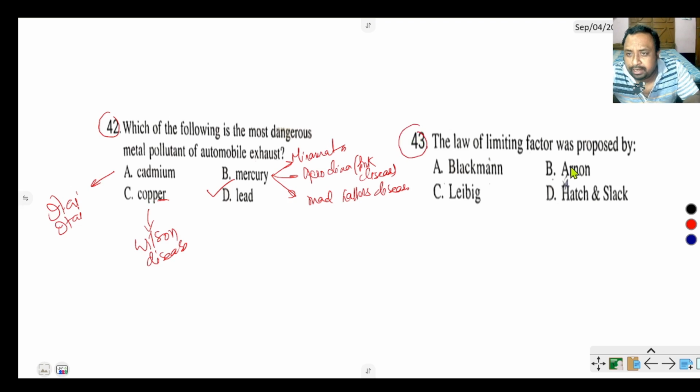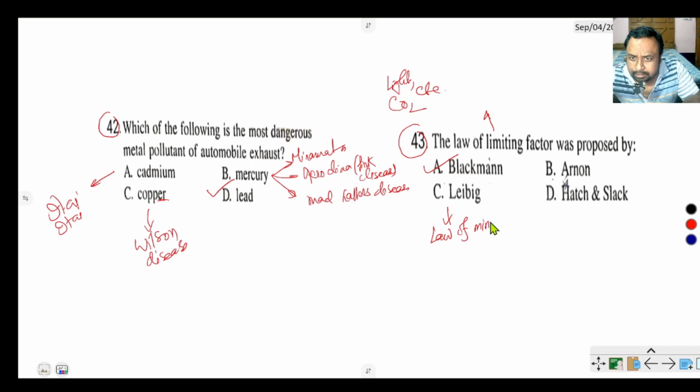Question number 43. Law of limiting factors proposed by Blackman. What is the law of limiting factors? Factors like light, CO2, etc. control the photosynthesis process, discovered by Blackman. But Liebig proposed the law of minimum.